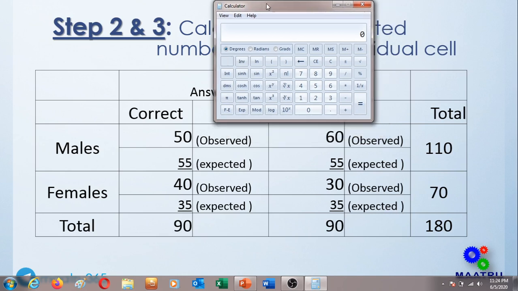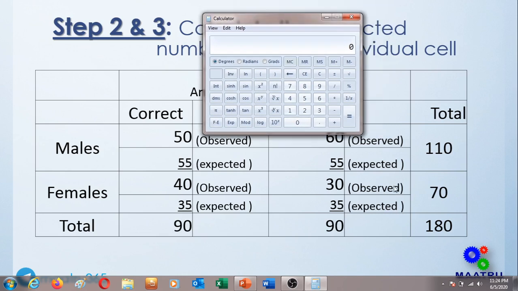Here it is already given as 55, but we will check how it comes and whether it is correct or not. So row total is 110 into column total is 90 divided by grand total 180, that equals 55. Here 55.